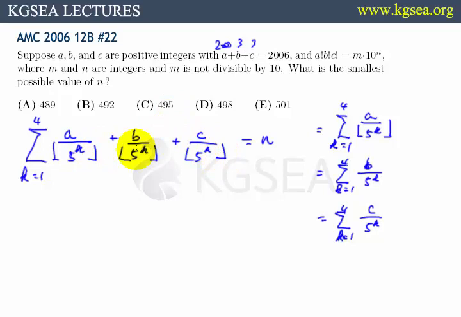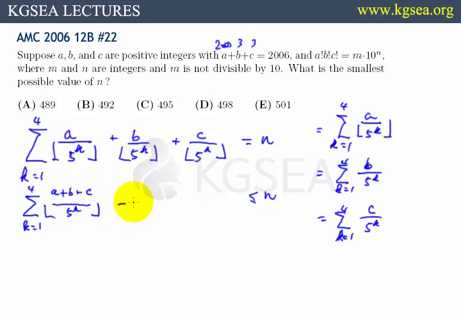Okay, now I need to combine this, but there may be growing like 0.999, 0.999 in here. So I cannot be reckless. I have to use that inequality I showed you before. So this n now becomes an inequality. N is greater than or equal to what? Now you combine them. k goes from 1 through 4. And I now have the common denominator, 5 to the k, and I'm still chopping off all these extra decimals, and I'm adding a plus b plus c.